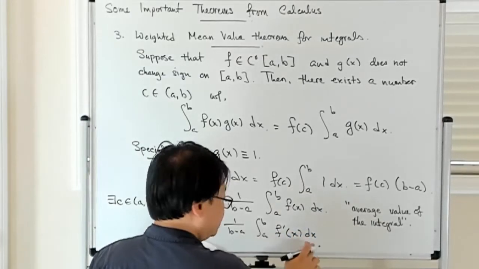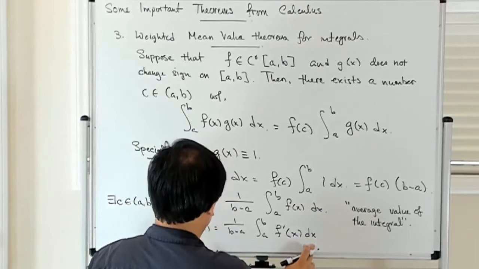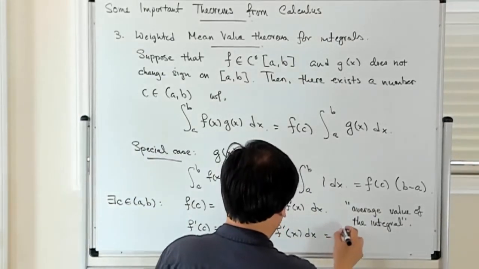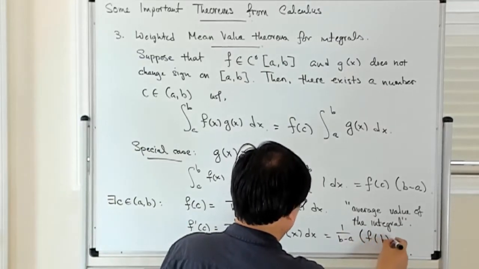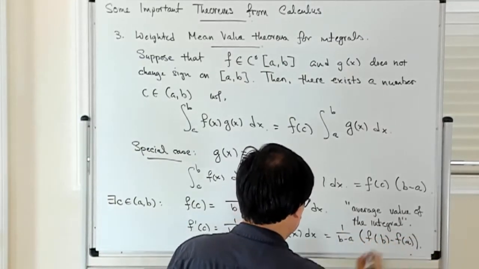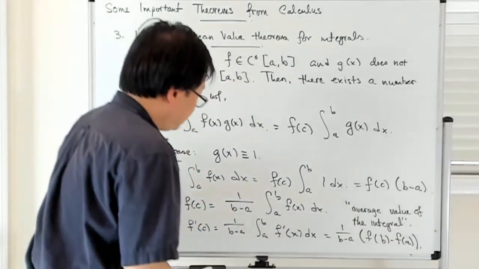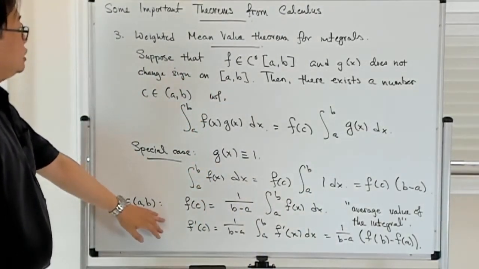And then by the fundamental theorem of calculus, that's just going to be 1 over b minus a times f of b minus f of a. So that's how it's related back to the usual mean value theorem.